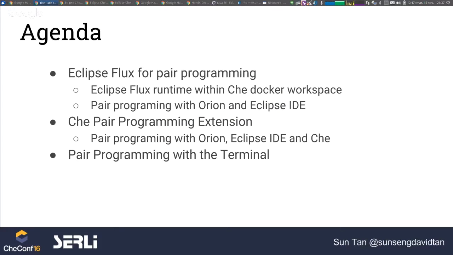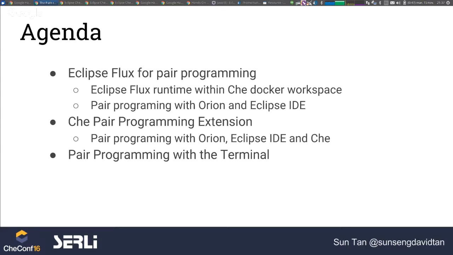So I'm going to show you during this session the pair programming architecture. We're going to use a project called Flux, Eclipse Flux, which is an Eclipse project, and I'm going to show you Eclipse Flux running on Eclipse Che, and I'm going to show you Eclipse Orion and Eclipse IDE sharing the same pair programming session.